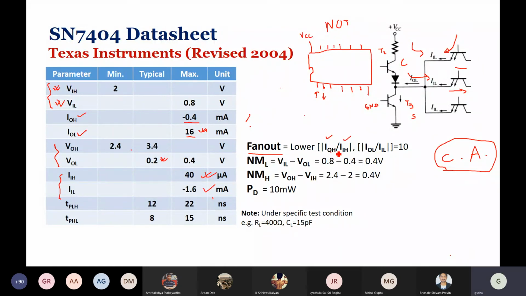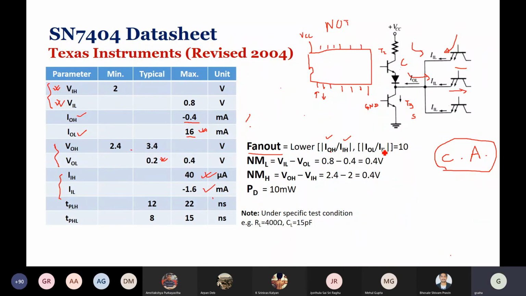This will give you some number, that is IOH divided by IIH: 0.4 milliampere divided by 40 microampere. And the other number comes from how much current it can sink or handle when the output is low, and how much current the load is sending for sinking purpose, that is IIL.